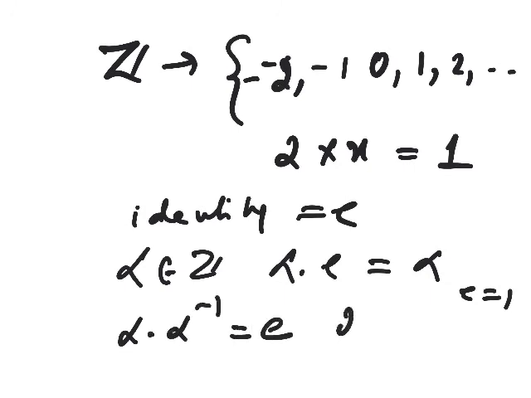In this case, 2 into alpha inverse should give me 1, which means alpha inverse is half. Half is not an element of Z, so there is no inverse. No inverse means you cannot divide here, right? So since the multiplicative inverse doesn't exist, it is not a field.